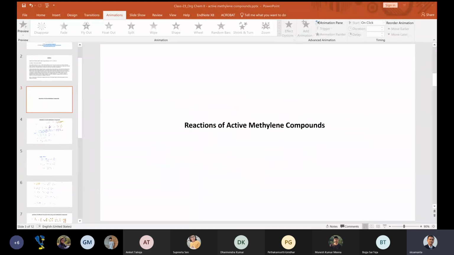So 25th would be the exam, and from 26th onwards, the presentations will begin. So I told you already all the rules for the presentation. It will carry 10 marks, and the schedule is also with you. So on 26th onwards, we will start the presentation.